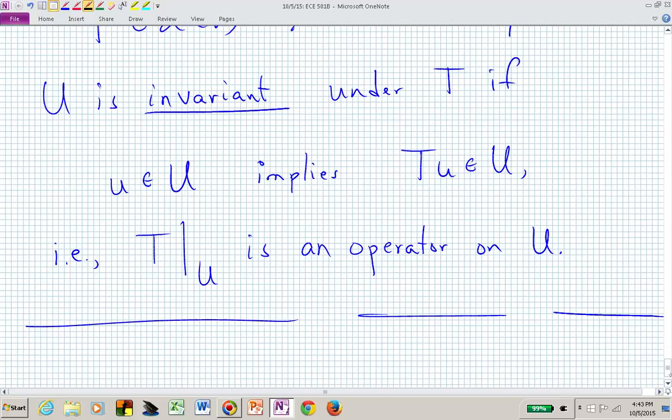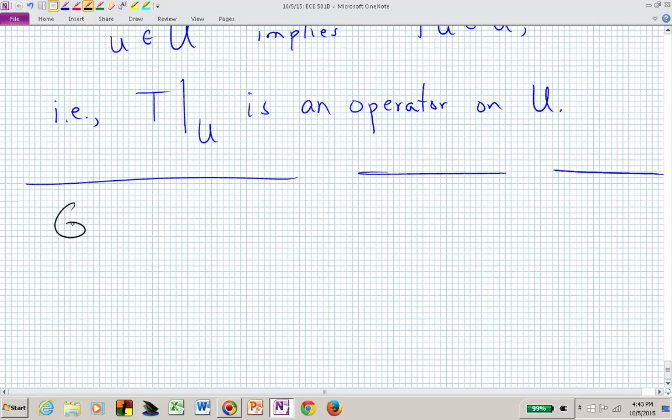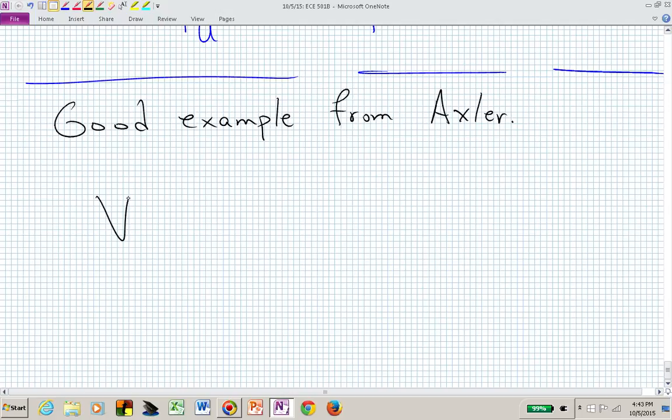Let's now look at an example from the textbook that will take us outside of R3. So we'll no longer be restricted to this three-dimensional space. Suppose that we now have a vector space V that's script P sub 7 of R. What's that?